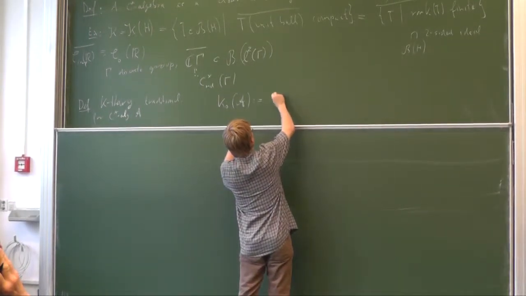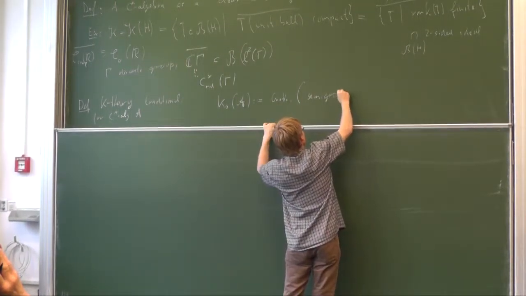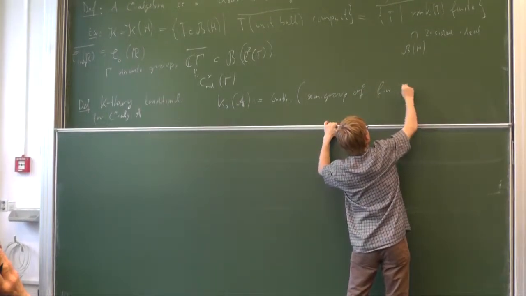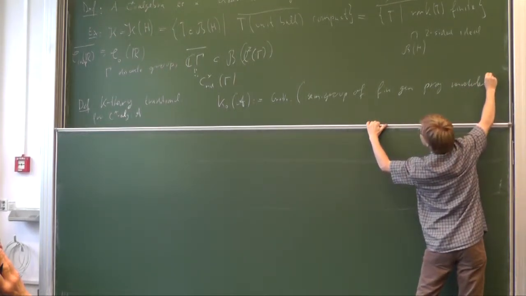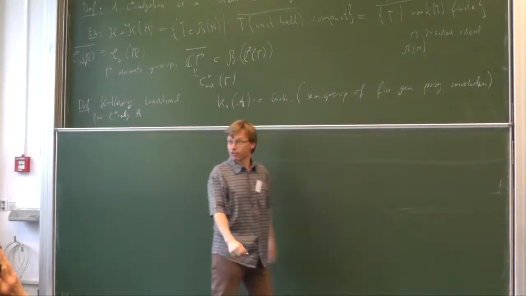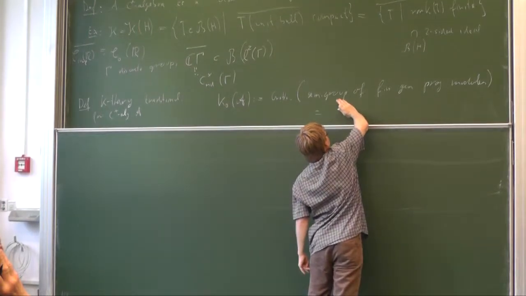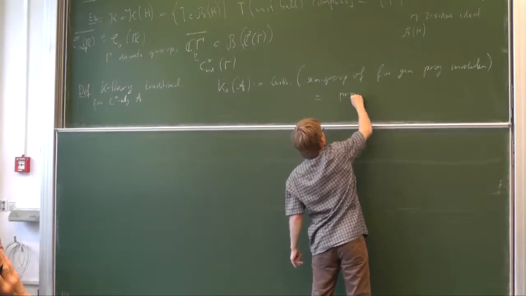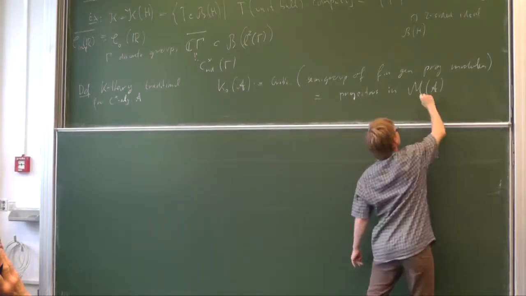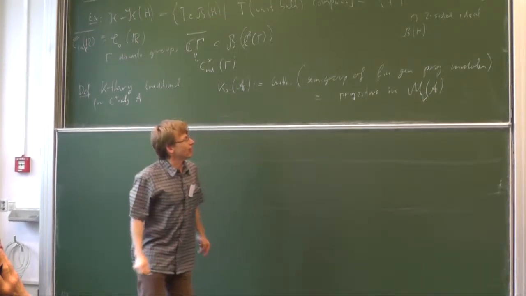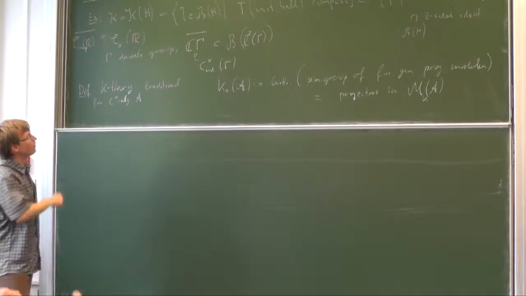So, the Grothendieck group of a semigroup of finitely generated projective modules, and being a projective module, you're the image of a projector, and so we can also say it's the semigroup of projectors in matrices over A, which you can sum by doing direct sum, making the matrices bigger, and then make the Grothendieck group of this semigroup.